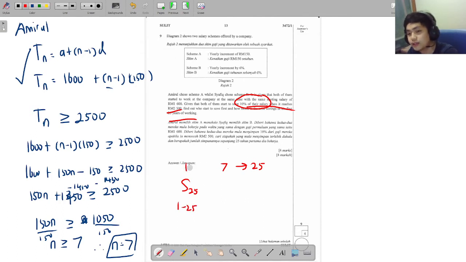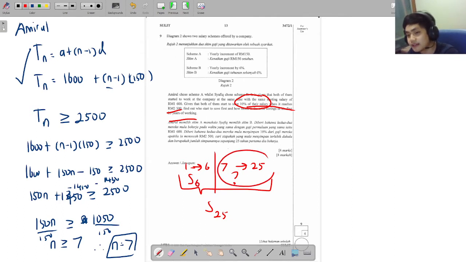So I'm just going to draw a line here. This is S25. I don't know what this part is, but I know that from the 1st to the 6th year, I can call it S6. So I can find out what this is by taking S25 minus S6.